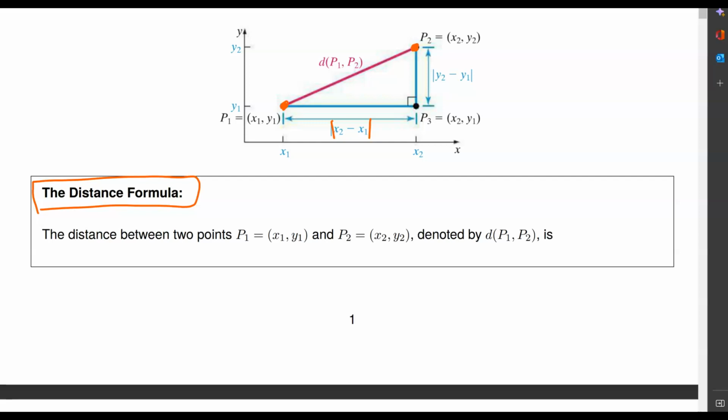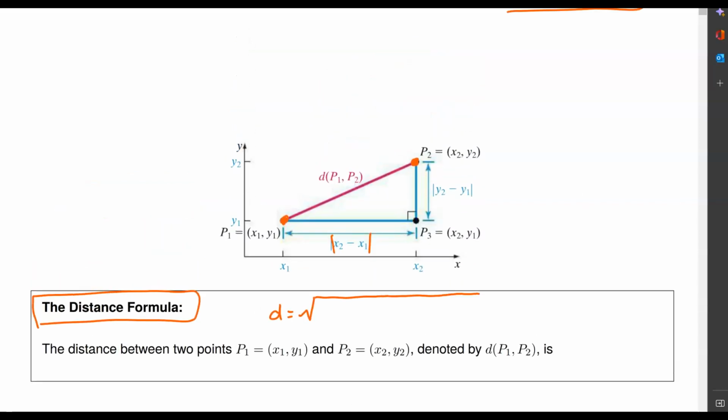So the distance between 2 points, P1 (x1, y1) and P2 (x2, y2), is denoted by d of P1 and P2, and we now need to fill it in. So I'm going to come up here. Our distance formula tells us that we're going to take the square root, and now we're basically going to generalize that Pythagorean theorem.